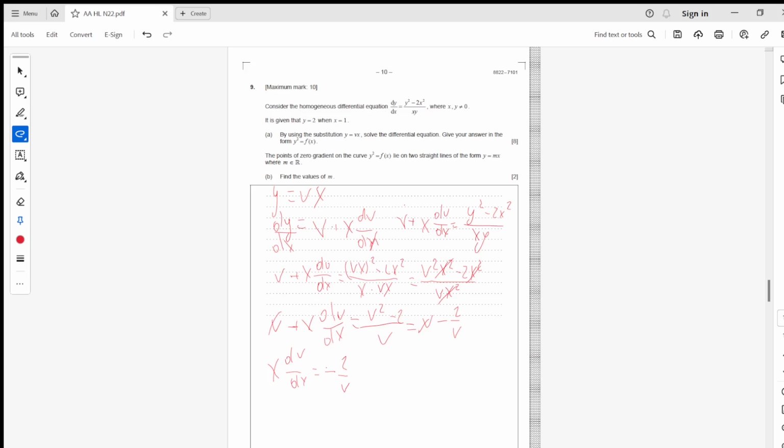So what we're going to end up with is v dv is equal to minus 2 dx over x. Let's integrate both sides. It will get us v squared divided by 2 is equal to minus 2 natural log of x plus some constant c. We can substitute for v, y divided by x.